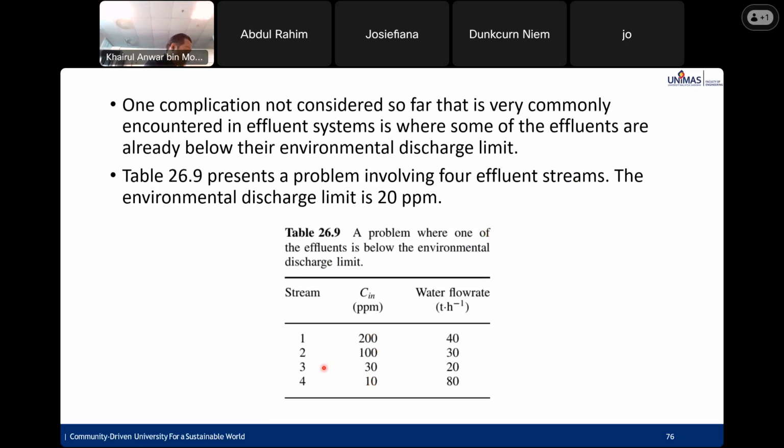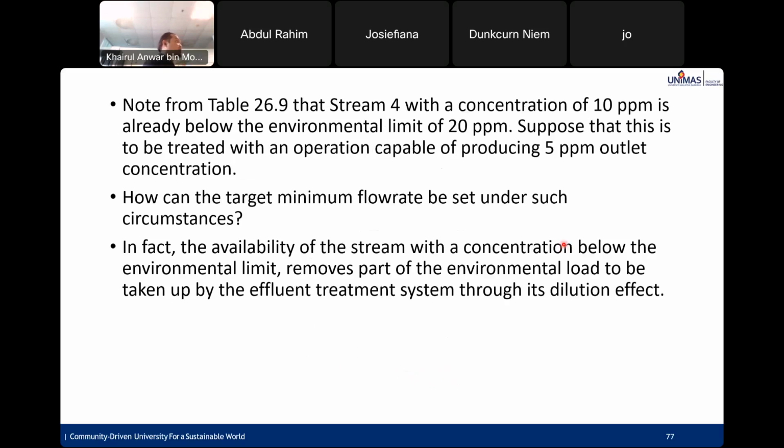So for stream 3, 30, the flow rate of 20, stream 4 is 10 ppm only, with a flow rate of 50 ton per hour. Note from table 26.9, the stream 4 with a concentration of 10 ppm is below 20 ppm.